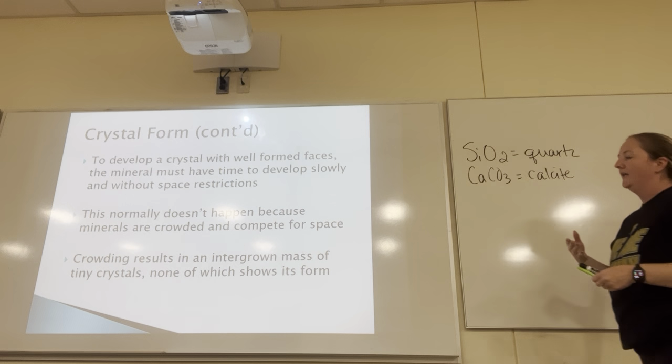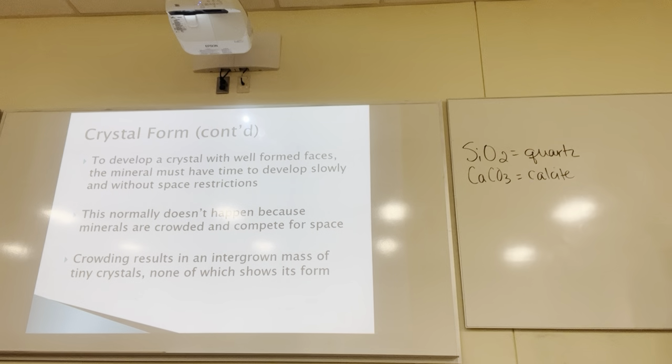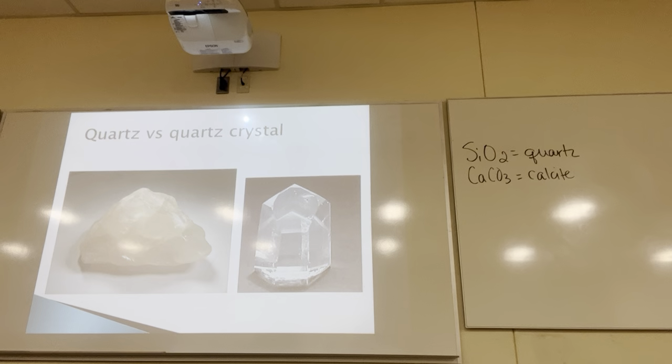Crowding results in an intergrown mass of tiny crystals, none of which actually shows its form. So the example here would be a massive form of quartz versus a quartz crystal. Both are quartz. More commonly, it's going to be found like that lump on the left, but if it were given time and space, the crystal on the right would have grown.